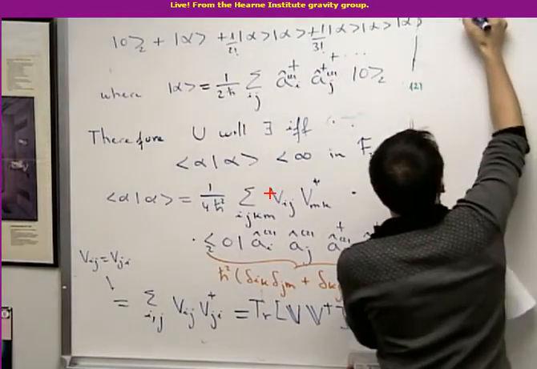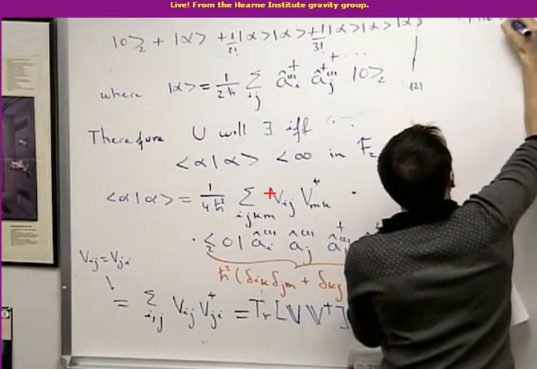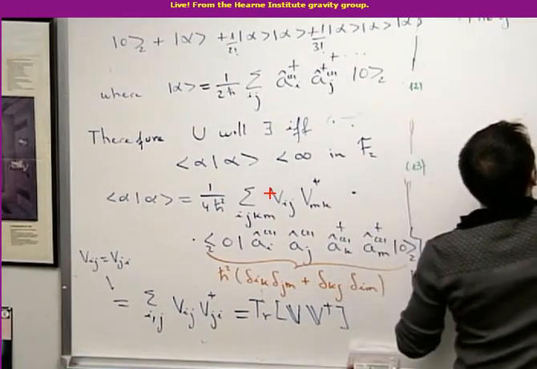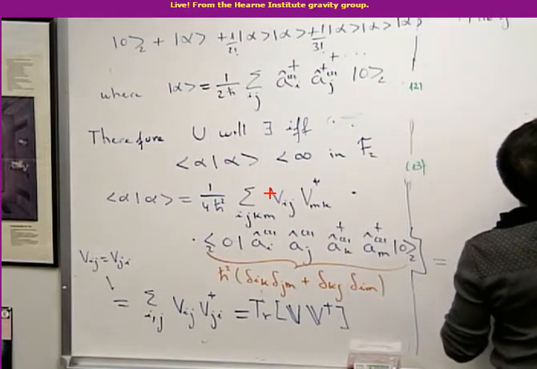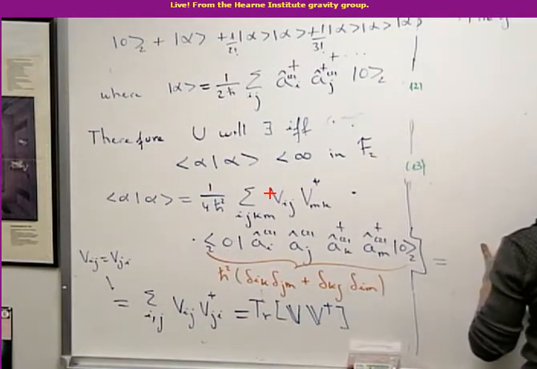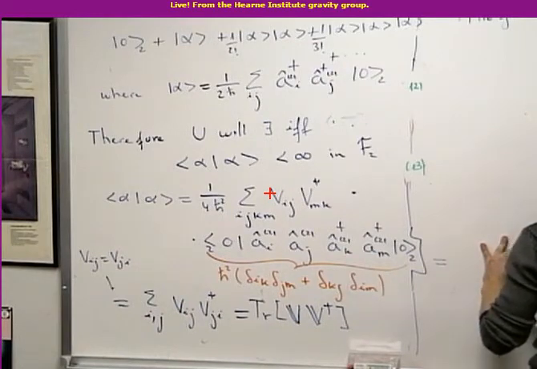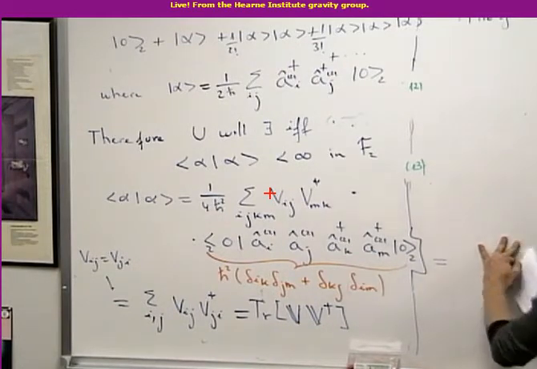So the conclusion is that, therefore, U exists if and only if the trace of V V dagger is finite.